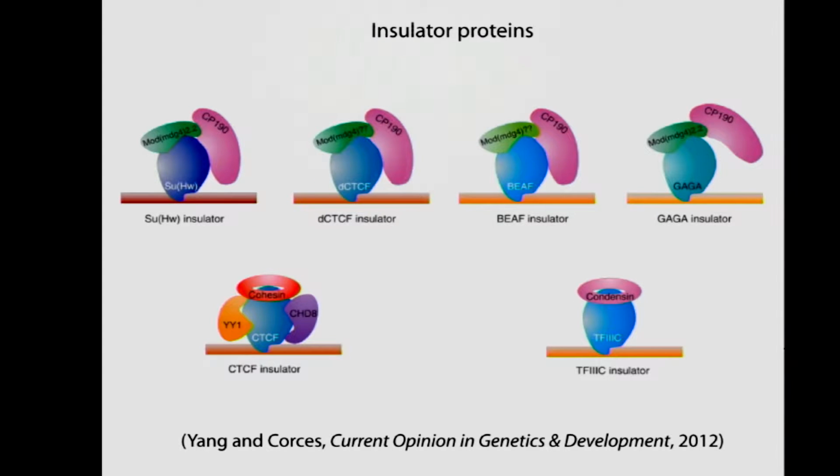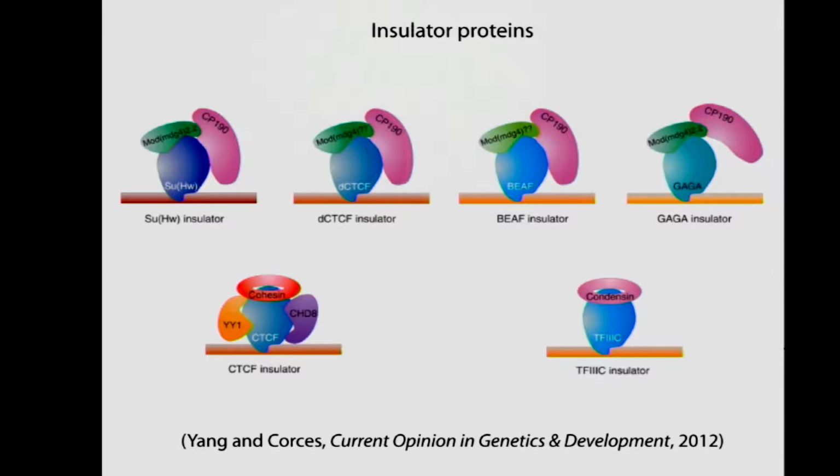The only one of these that has a homolog outside of insects is CTCF. And so CTCF is basically the only insulator in, for example, mammalian genomes. Now, there is TFIIIC, which is the only insulator in yeast, and there's some evidence that there may be some TFIIIC insulators in other species. But for the most part, this is the key insulator protein.